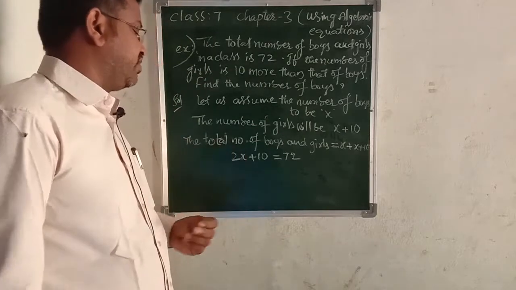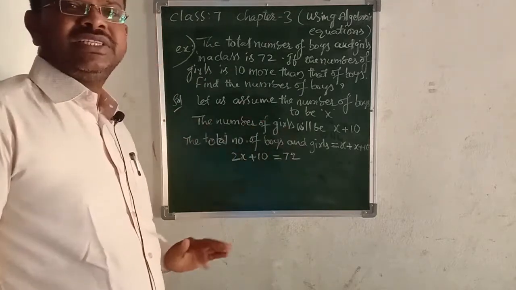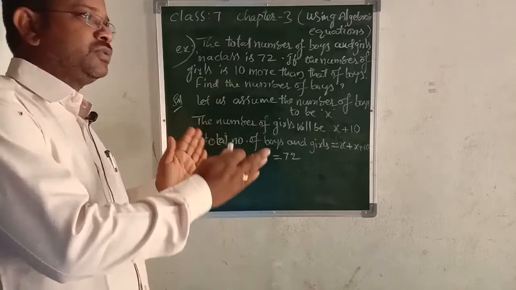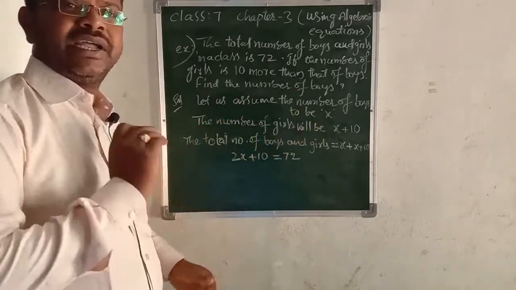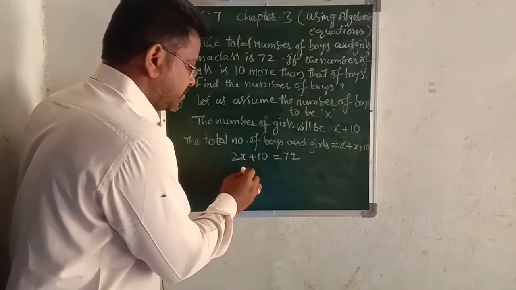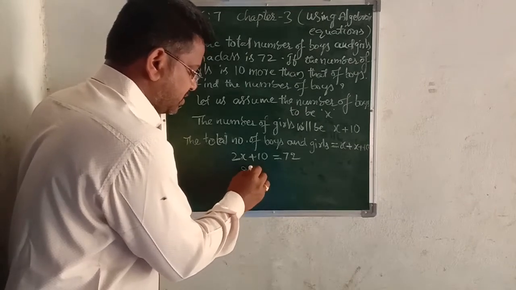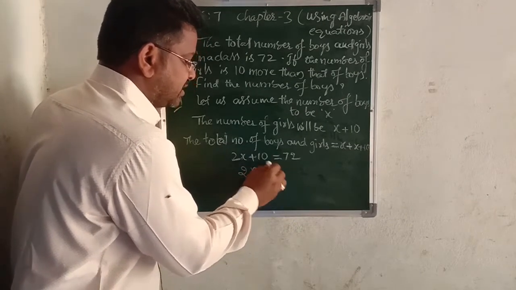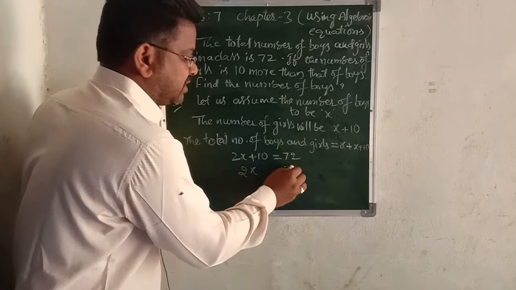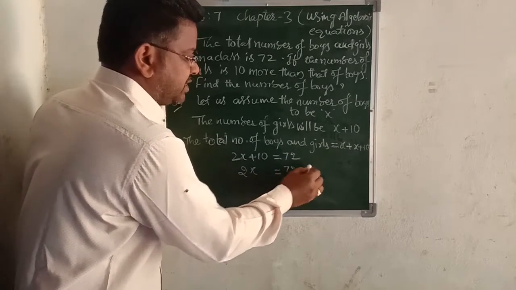Solving the equation by transposing the terms from the RHS to the LHS and the LHS to the RHS. The first step is to keep 2x here and transpose 10 to the other side: 72 minus 10.